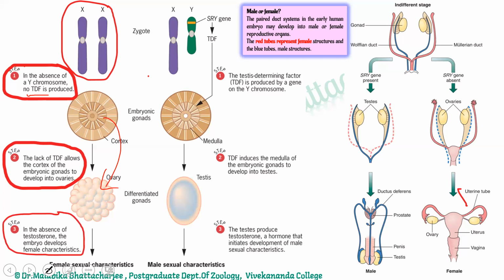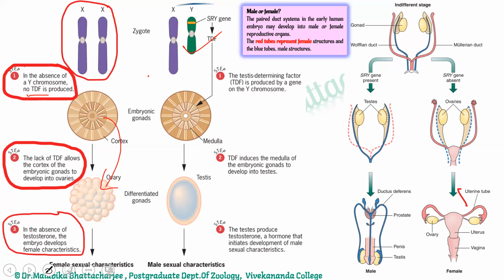If, on the contrary, we look at the heterogametic male, it has a Y chromosome, as you can see, and there is the Sry gene. As I said, the Sry gene produces the protein known as the testis determining factor. So in the presence of the testis determining factor, the undifferentiated gonadal tissues of the embryo are modulated to form the testes.